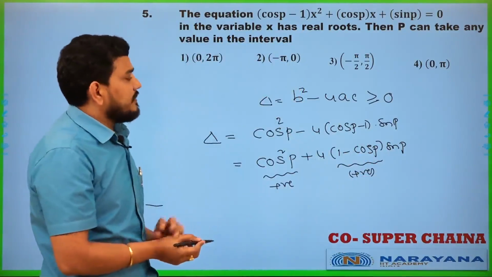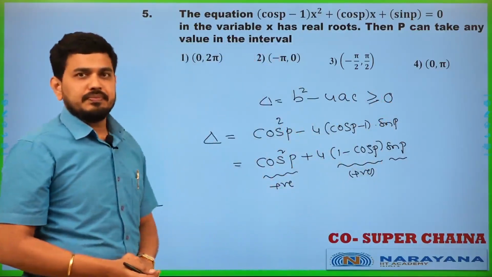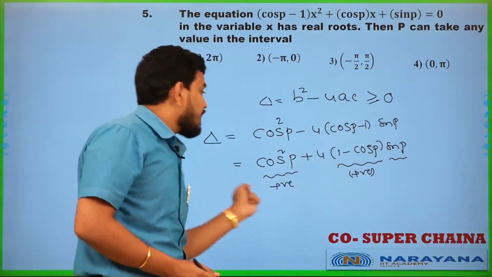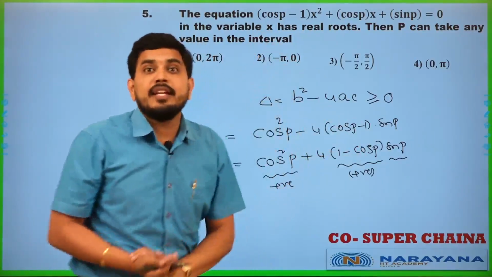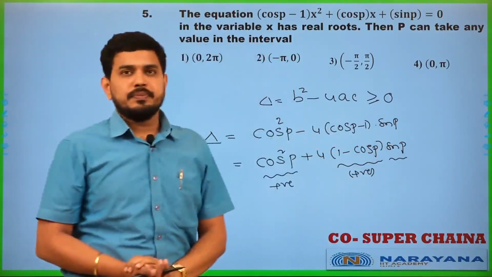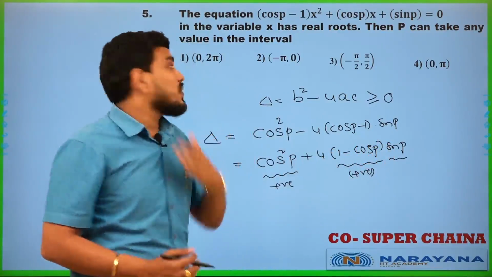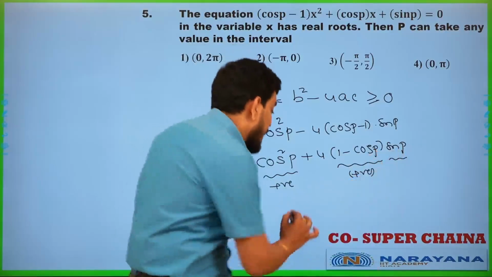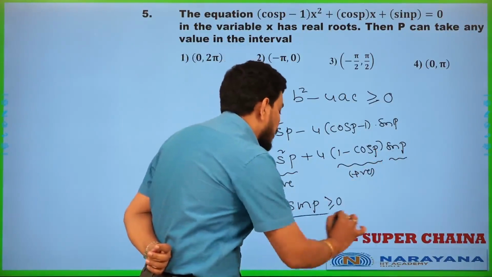Then sin p we are not sure about, positive or negative. If this is negative, there is a chance of getting this whole value negative, and if this value is negative, there will not be any real roots. But if sin p is positive, straight away you can say this whole thing is positive, total is positive, so it will have real roots. My conclusion is sin p should be greater than or equal to 0.